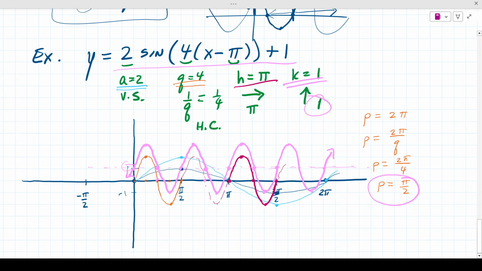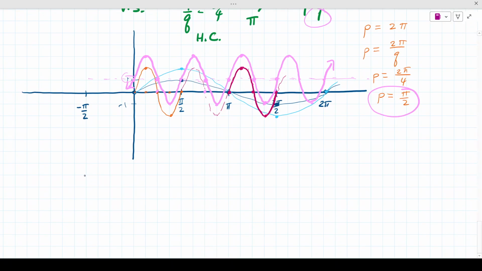Now, maybe we want to answer some questions about it. What's the amplitude? The amplitude is the distance from the midline to the max. That's going to be 2. We can read it right off here. Okay? So the amplitude is the max minus the midline, which is 2. There's also a formula for it.